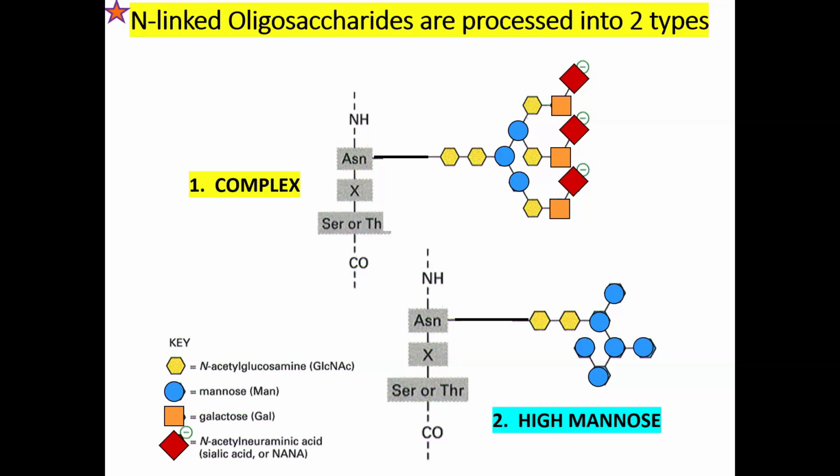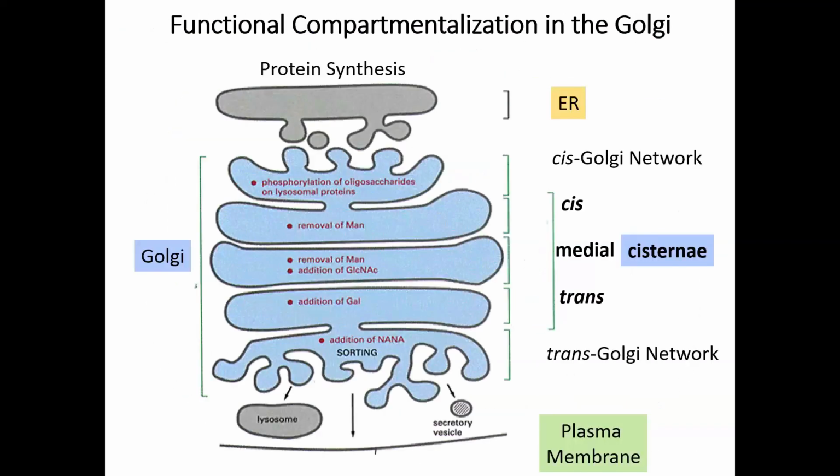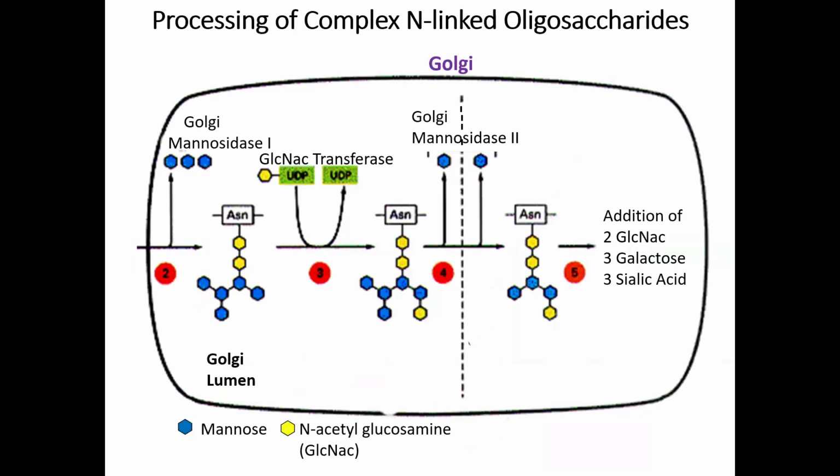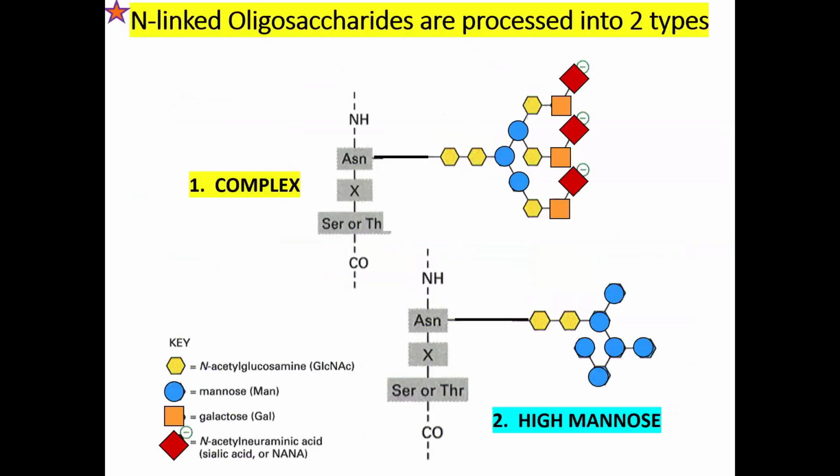You are going to put 2 more N-acetylglucosamine, 3 galactose, and 3 sialic acid. That corresponds to it right here. So add on top of that 1 and 2 N-acetylglucosamine, and on top of that 3 galactose and 3 sialic acid. Make sure you connect this to the matured protein that is going to come out of the Golgi as a complex. This connection is very important.